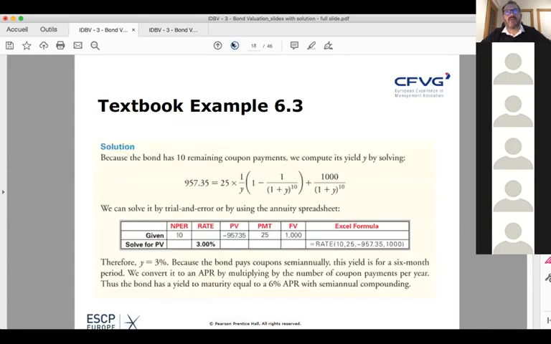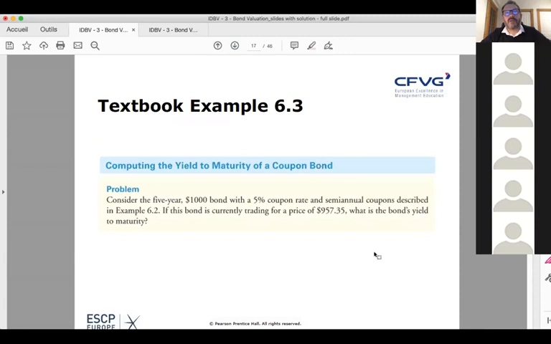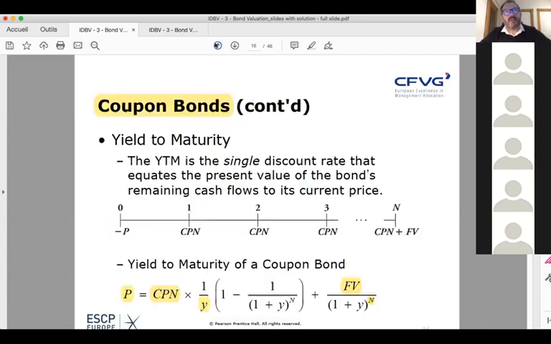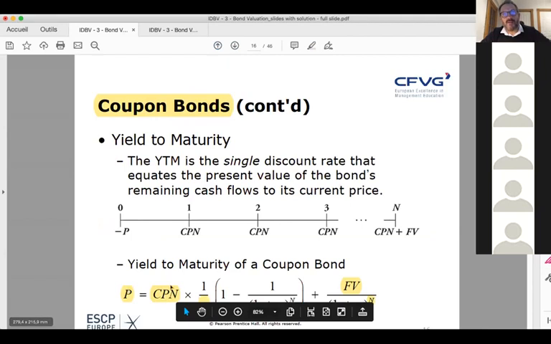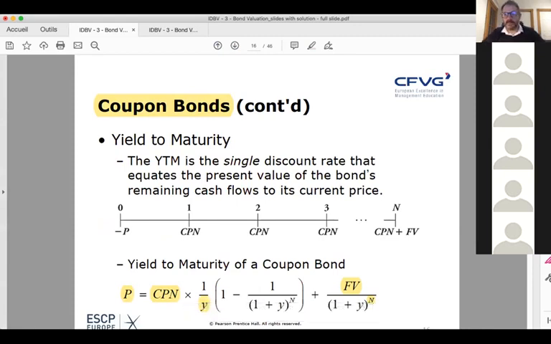Okay, so we're going to try something. I would like people from Hanoi to calculate the price of this bond if the yield to maturity is equal to, let's say, 2%.